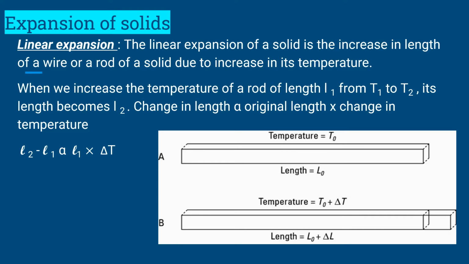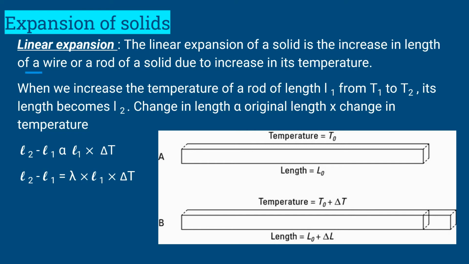So if we want to remove this direct proportionality symbol and introduce equal to, we need to introduce another term which is called the constant of proportionality. So when we remove this alpha, you get L2 minus L1 is equal to lambda into L1 into delta T. See over here, all the terms are the same, but only the proportionality symbol has gone and is replaced by equal to and lambda.